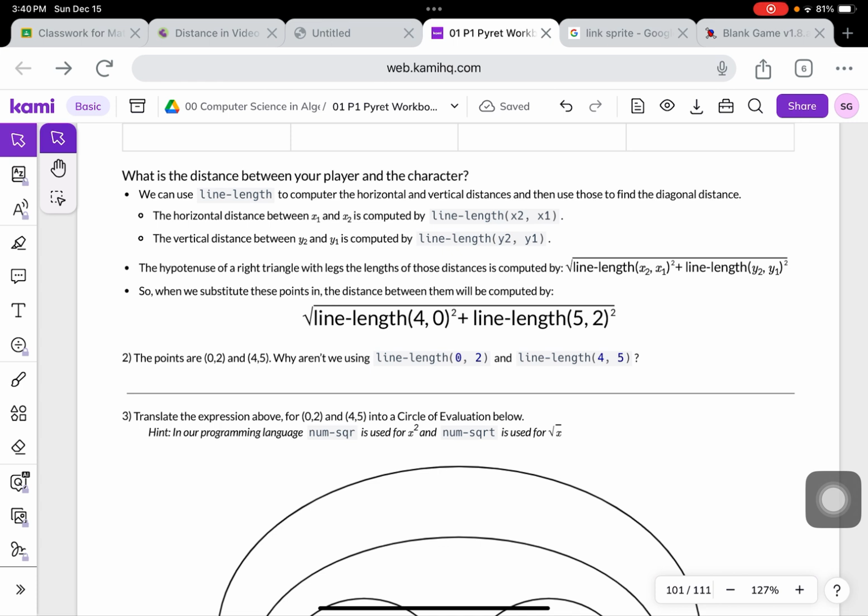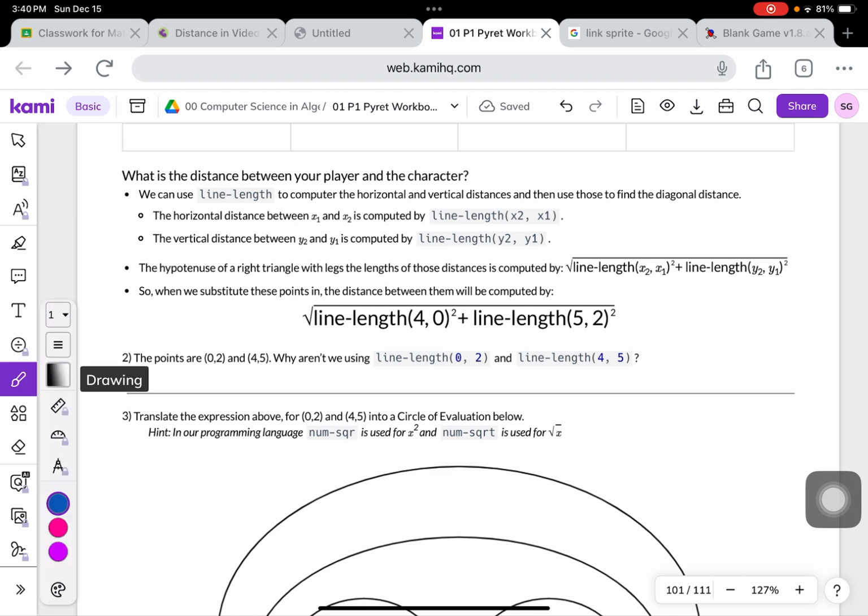Okay. So the points are 0, 2, and 4, 5. Why aren't we using line length 0, 2 and line length 4, 5? Okay. So think about what line length is finding for a right triangle. Think about that. The points are 0, 2.